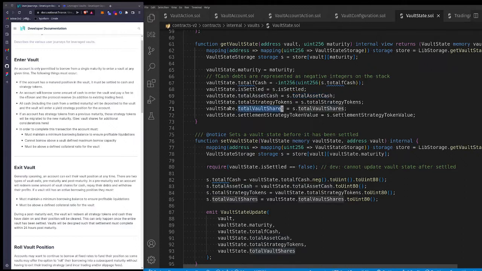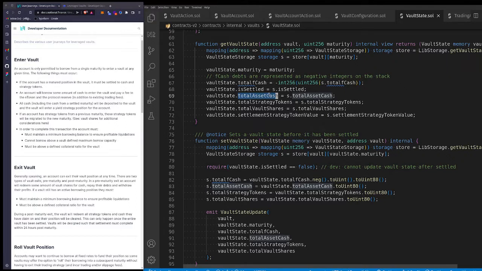As a vault goes through its life cycle, it'll primarily be holding strategy tokens, yield generating positions, for most of its life cycle. As it gets close to settlement, those strategy tokens will be sold globally across the entire maturity into asset cash, and they'll be sold sufficiently to repay the debt and no more.